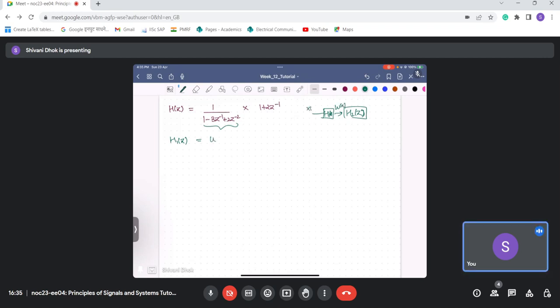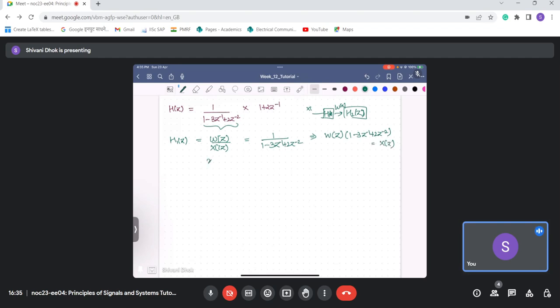So this is basically W(z) upon X(z). This I can write as 1 upon 1 minus 3z inverse plus 2z to the power minus 2, which implies that W(z) into 1 minus 3z inverse plus 2z to the power minus 2 is equal to X(z).